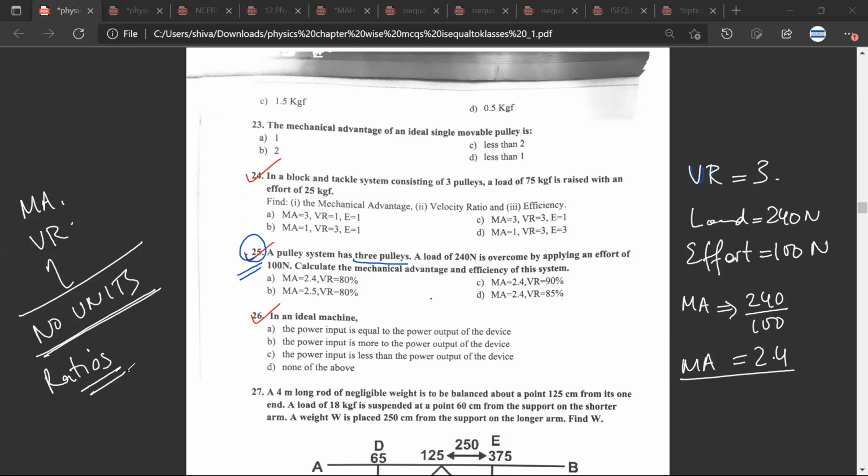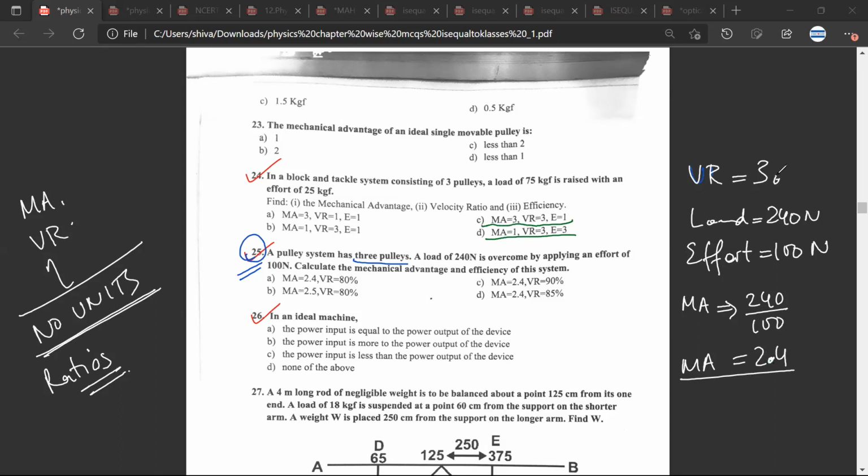So if you see these choices, you will never see a unit. So this you have to keep in mind. So the answer would only be 2.4. It won't have any units. Any doubt? No doubt.